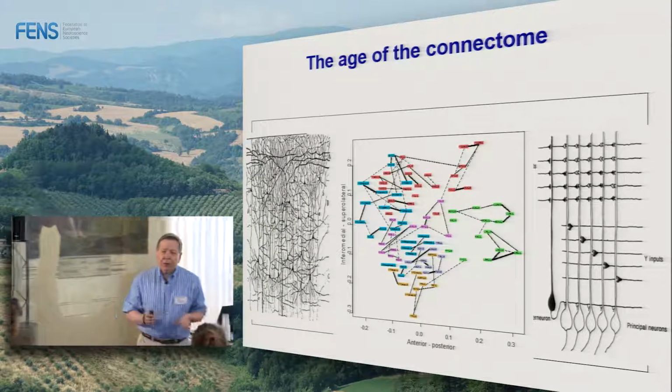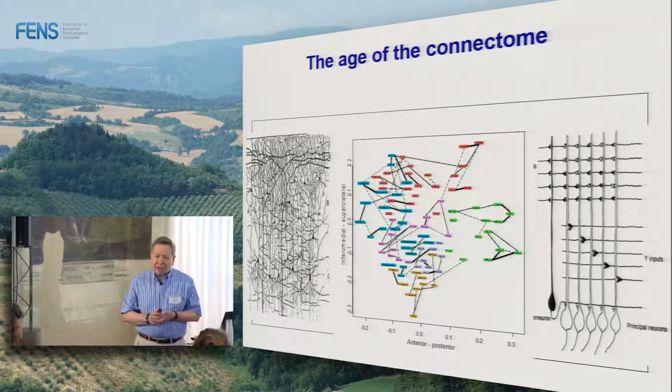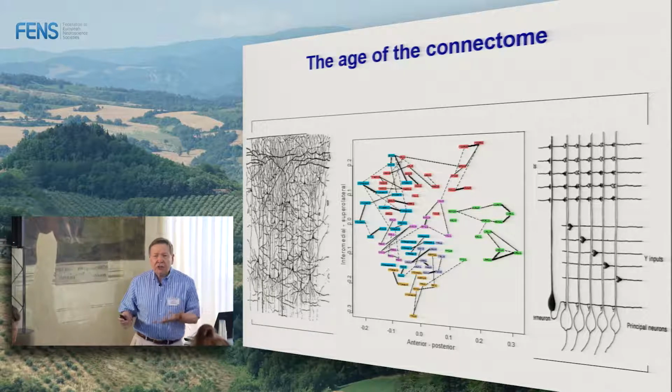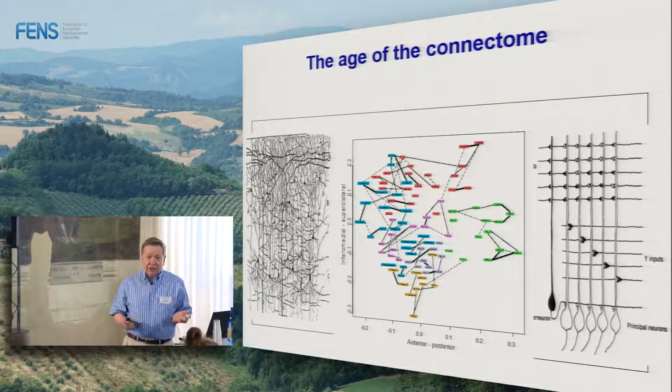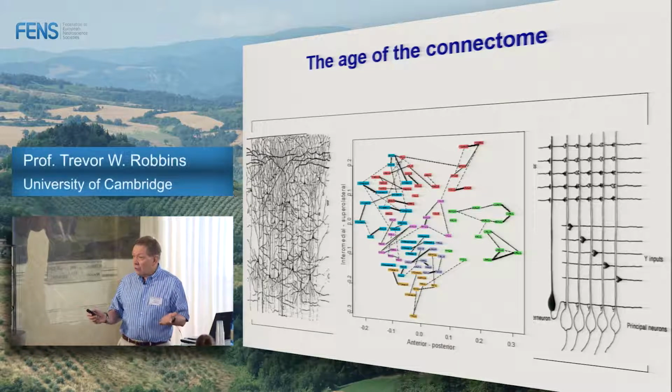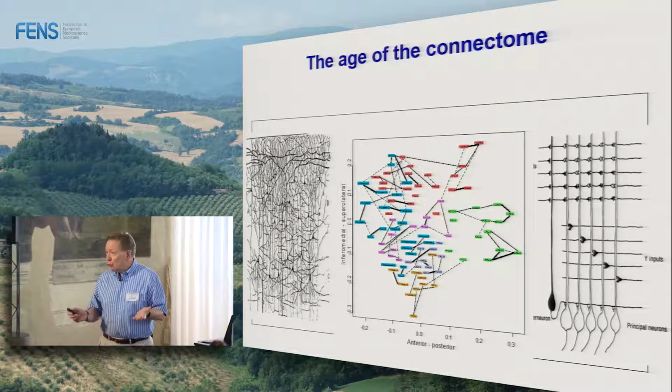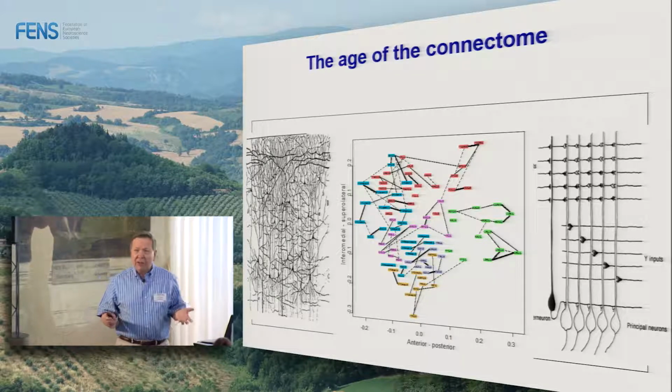And this is being pursued from a variety of perspectives in humans, but also in other animals, using a variety of techniques, including, for example, graph theory, and also the new neuroscience tools which are enabling us to collect this information about the connectome.